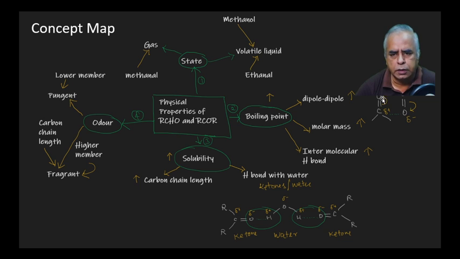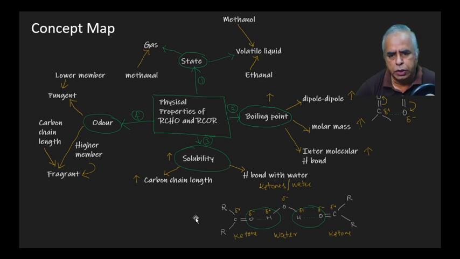So it is because of the dipole-dipole interaction, there will be more intermolecular force of attraction, and that is responsible for high boiling point as in the case of some ketones. And similarly, intermolecular hydrogen bonding in certain cases of aldehydes is also responsible for high boiling point. Then, when we discuss about the solubility, that is an H bond with water. For instance, you have got the ketone here and another ketone molecule.